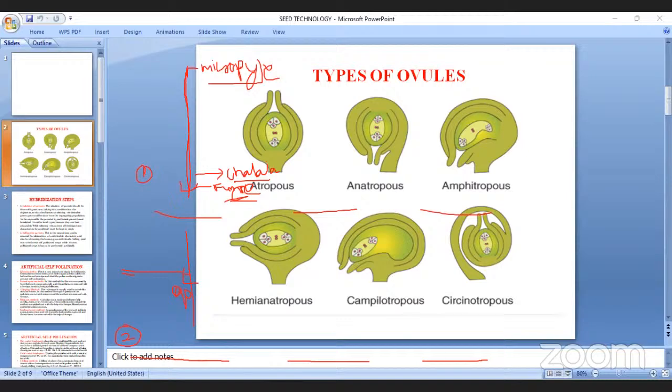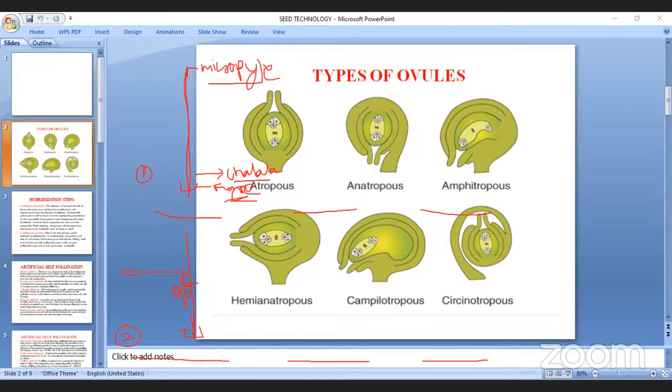That means the body is at a right angle, nothing but a 90 degree angle, to the funicle. Micropyle and chalaza are not in the same line, and micropyle and funicle are not in the same line.